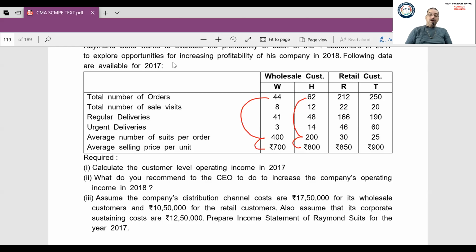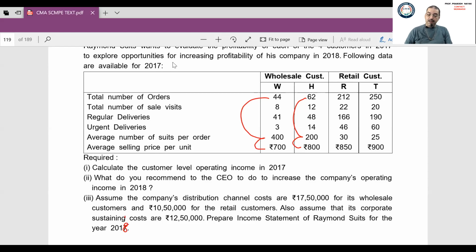Third, assume the company's distribution channel costs are 17,50,000 for its wholesale customers and 10,50,000 for the retail customers. Also assume that its corporate sustaining costs are 12,50,000. Prepare the income statement of Raymond Suits for the year 2018.